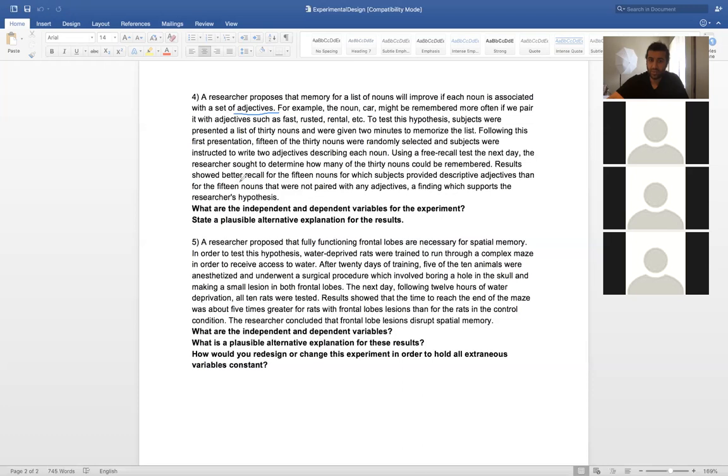Results showed a better recall for the 15 nouns for which subjects provided descriptive adjectives than for the 15 nouns that were not paired with adjectives. So it has to do something with adjectives too, right? So noun, adjectives, what do you think is the independent and dependent variable?